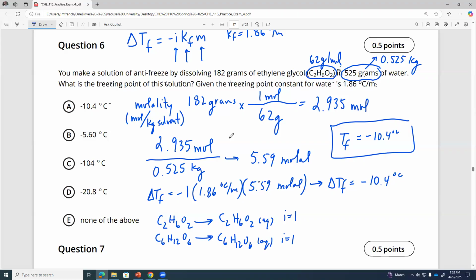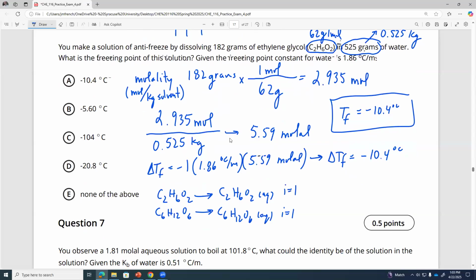Whereas something like sodium chloride goes into solution and forms a sodium ion, which is different than a chloride ion. So it forms 2 separate things. So its Van't Hoff factor would be 2. We did calcium chloride as another example, right?